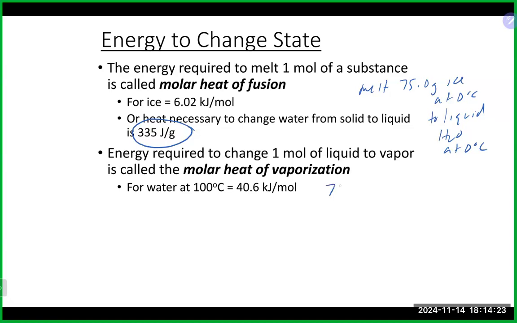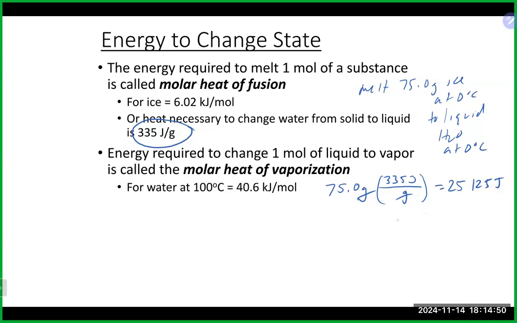You simply take 75 grams of ice times the heat of fusion, which is 335 joules per gram for water. The grams will cancel out. And what we will see is 75 times 335, about 25,125 joules of energy is required to be put in to melt that 75 grams of ice.